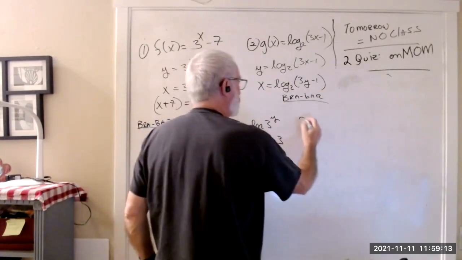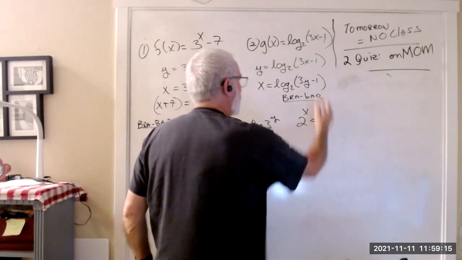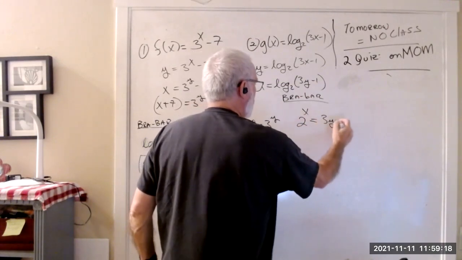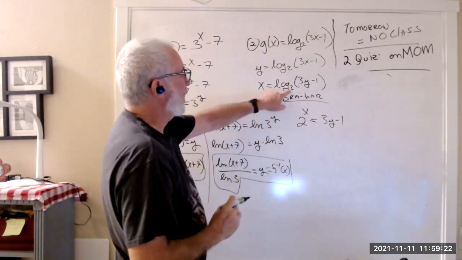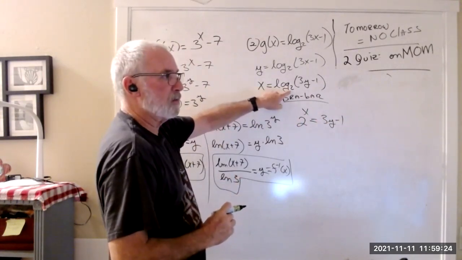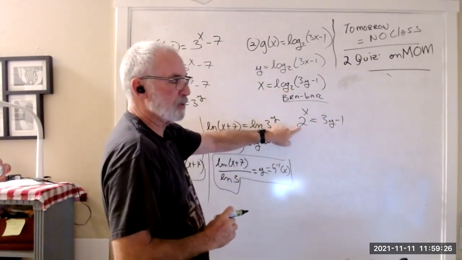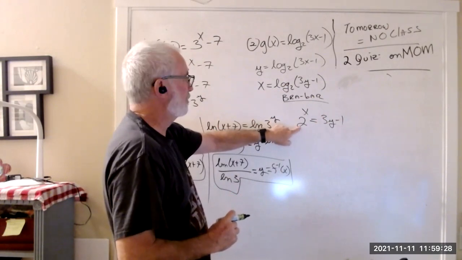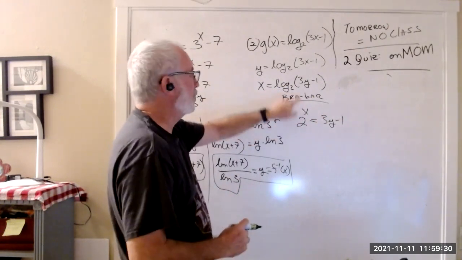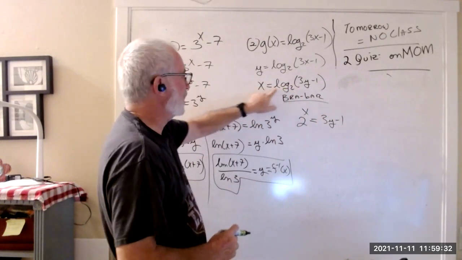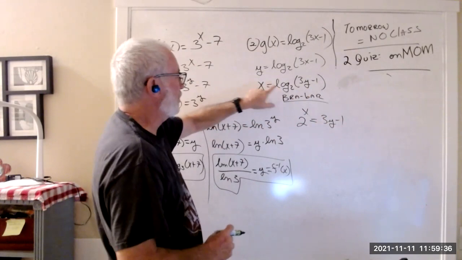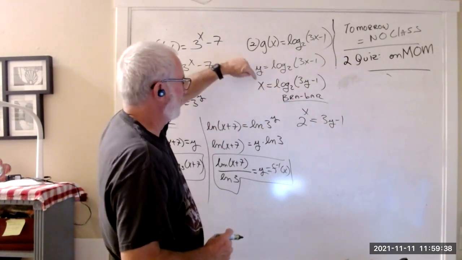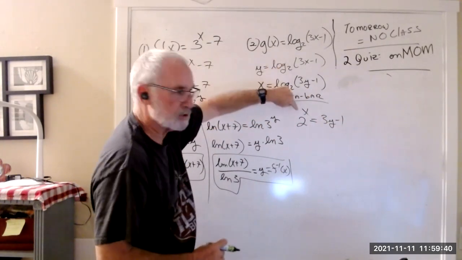So that's going to be 2 to the x equals 3y minus 1. Remember, the base of the logarithm and the base of the exponent are the same. Also, the logarithm always equals the exponent. So if x is the logarithm, there's the exponent.